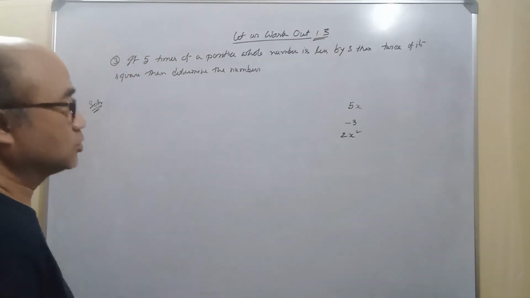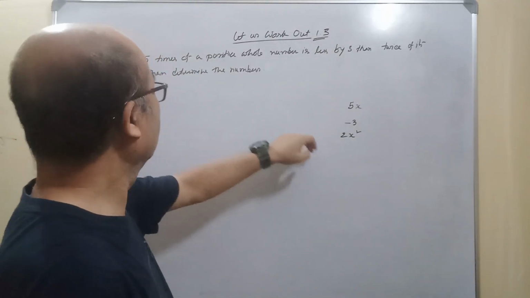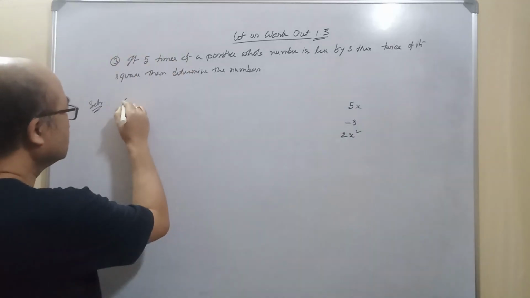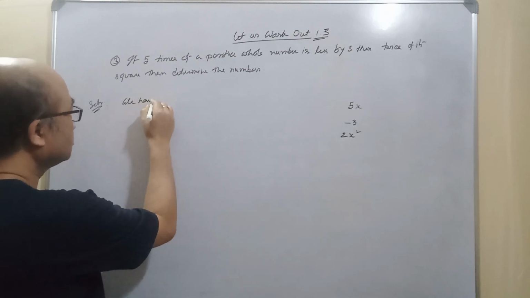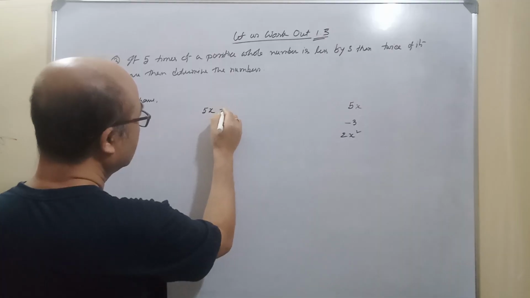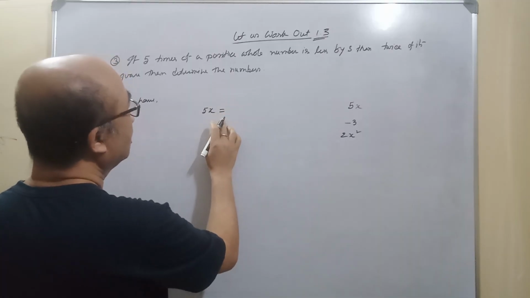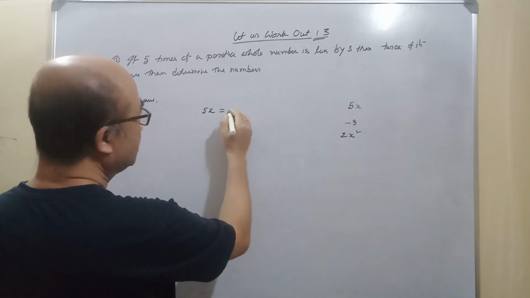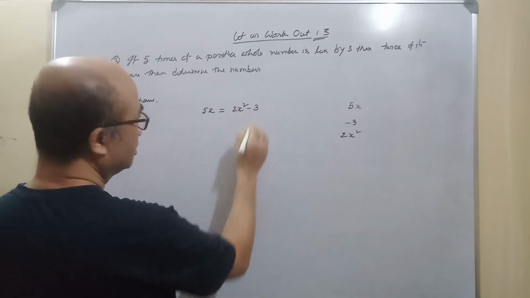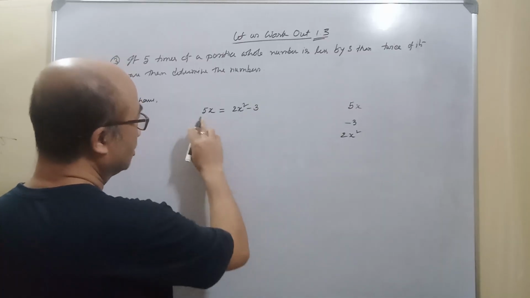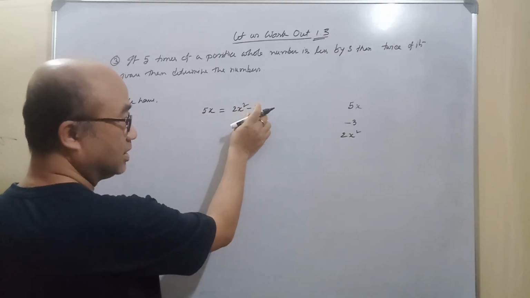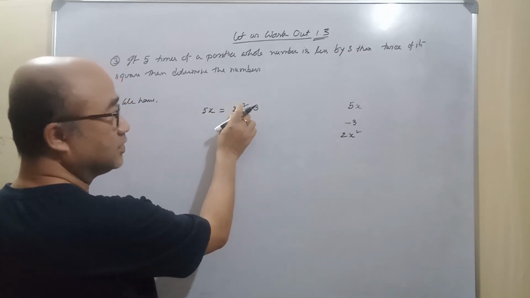Okay, so let us put everything together. We have 5 times a number. This is equal to twice the square of the number minus 3. 5 times the number is less by 3 than twice its square.